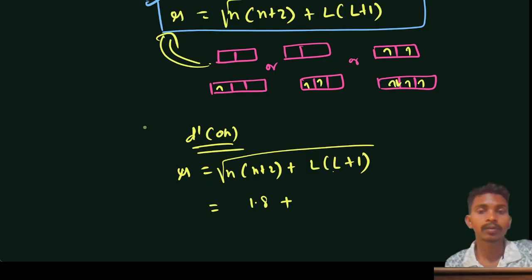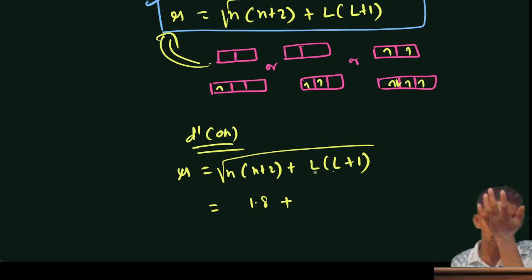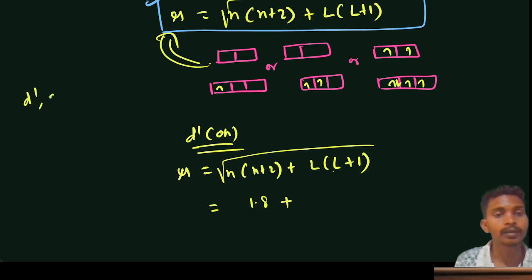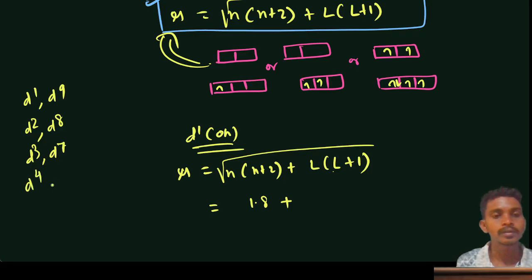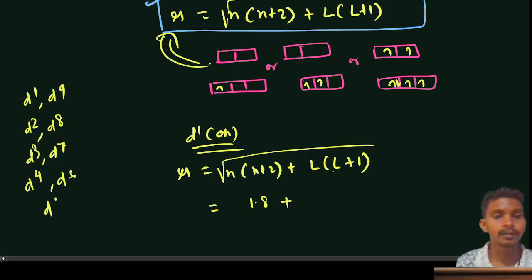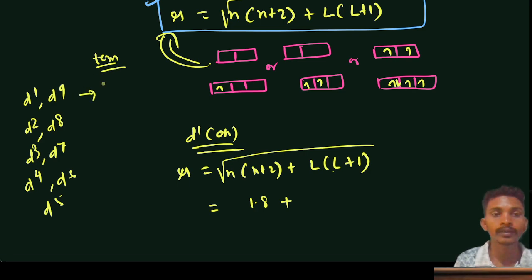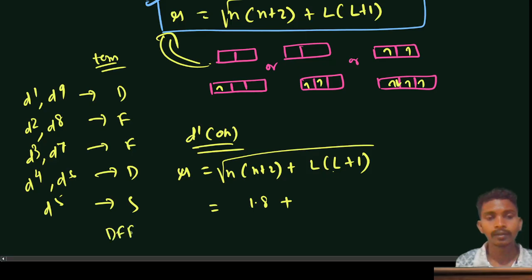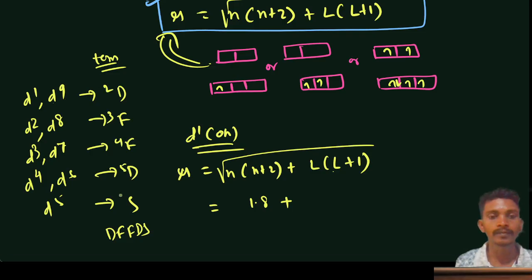Whenever we have this, we need not calculate L and all that. We know d1 and d9, d2 and d8, d3 and d7, d4 and d6, and d5. The terms are always fixed: for d1 it is D, then F, F, D, S. You have to remember this: this is 2, this is 3, this is 4, this is 5, this is 6.